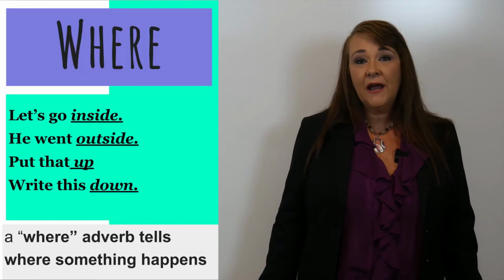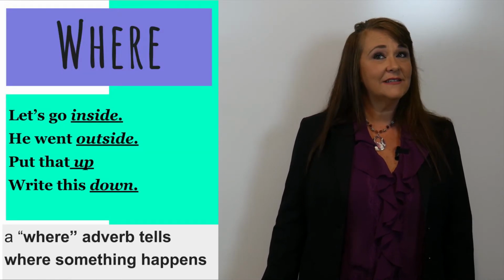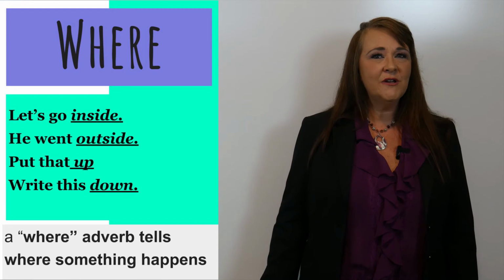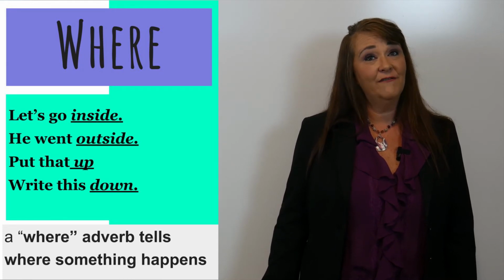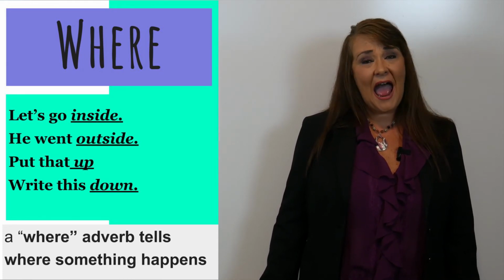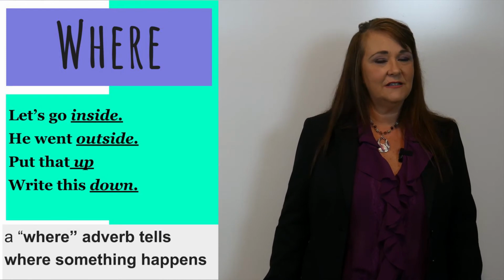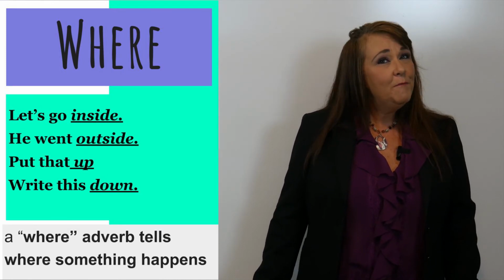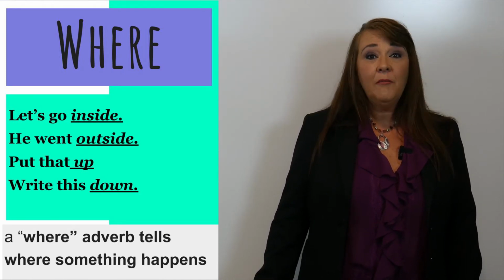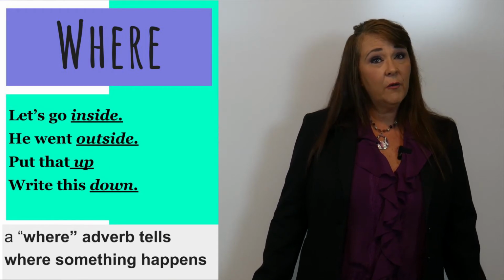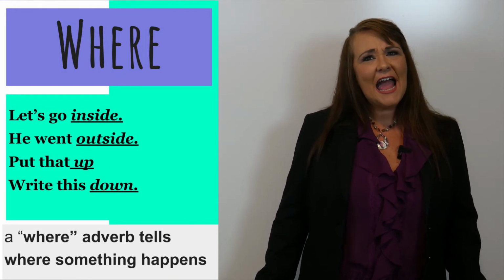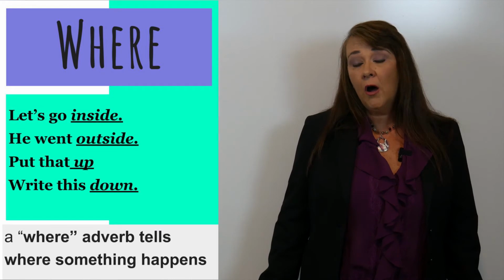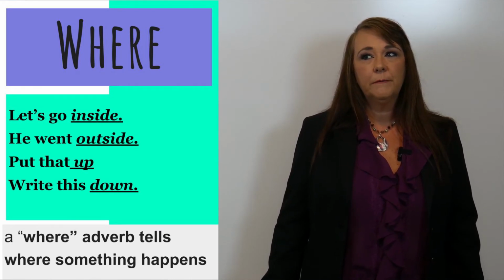Adverbs can also describe and answer the question where something happens. You might also notice that where adverbs can also act as prepositions. The best way to figure out what part of speech the where words are is to ask yourself what is following the where word.